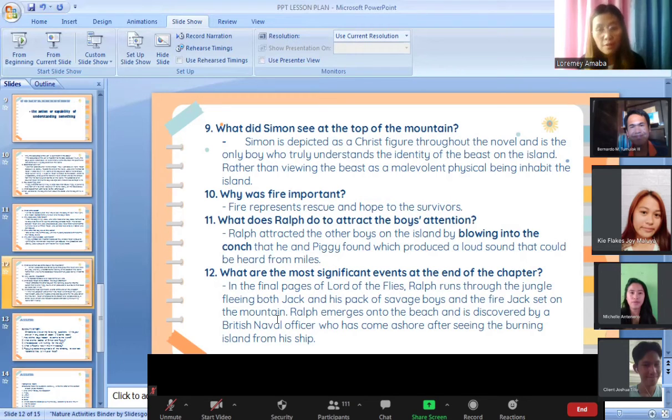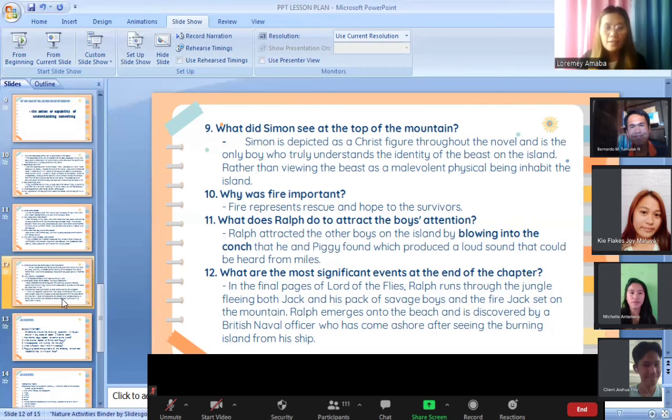Can you please enumerate? The boys are about to be rescued. Very good. In addition, the most significant event in the story is Ralph running through the jungle, fleeing both Jack and his pack of savage boys and the fire Jack set on the mountain.